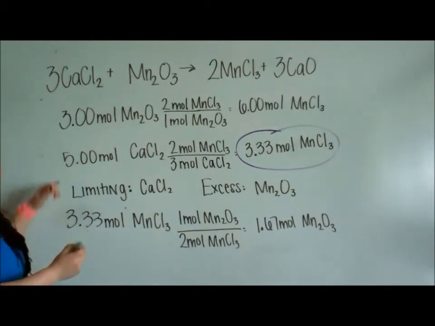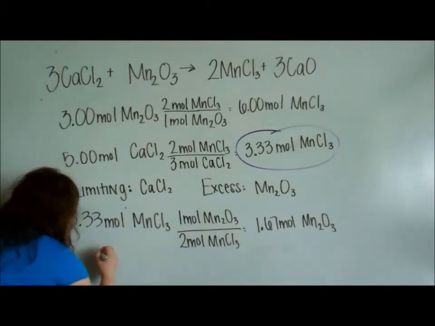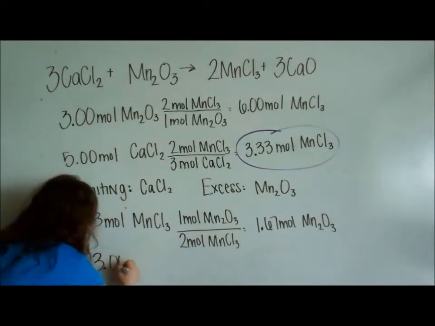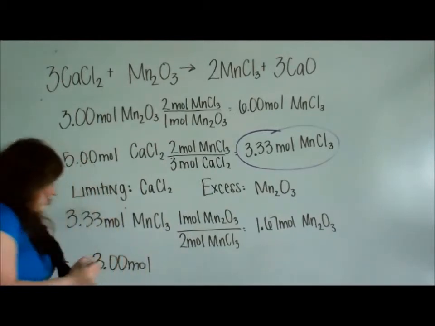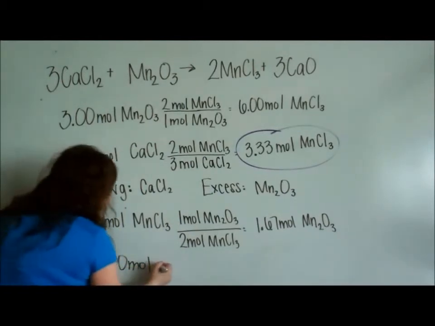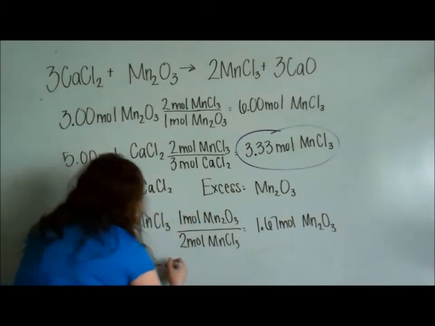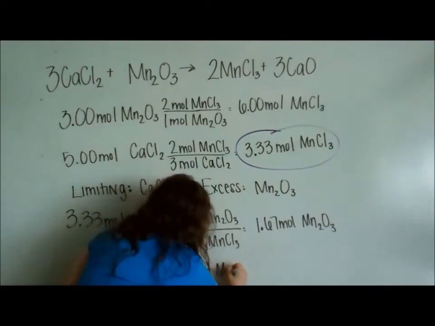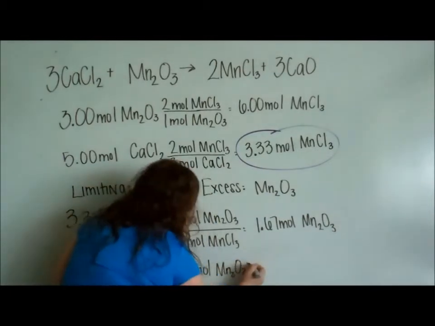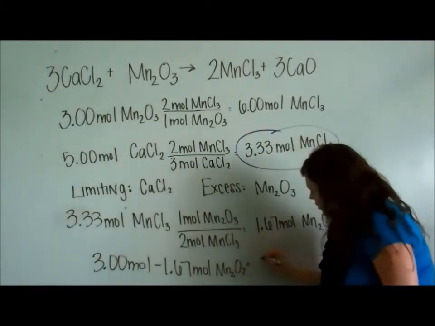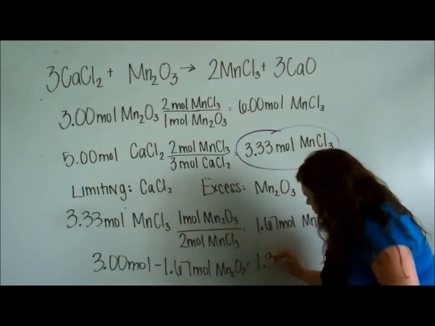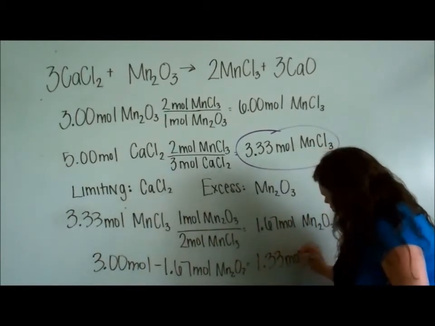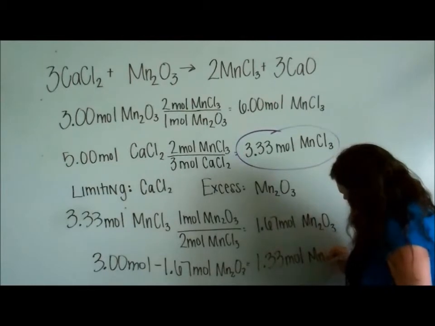So we have 3.00 moles available, and we subtract out how many we've actually used, 1.67 moles Mn2O3, and we end up with having 1.33 moles of our manganese oxide left over in the end.